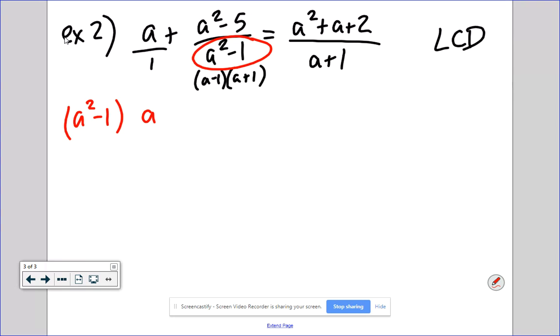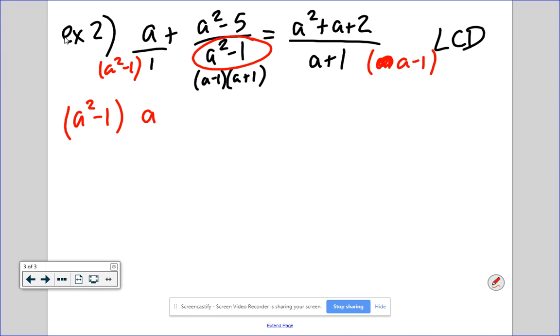So you look and see, okay, how can I make it so all three are the same? This is a minus 1, a plus 1. This one is just a plus 1. So the easiest way to get all three denominators to be the same is to multiply this by a minus 1 on the bottom to get a squared minus 1. And this one's just 1, so I would have to multiply by a squared minus 1.